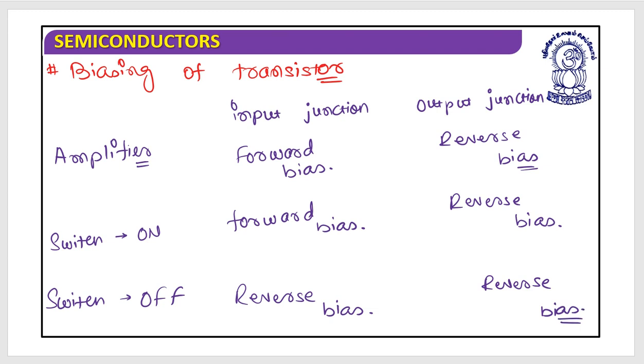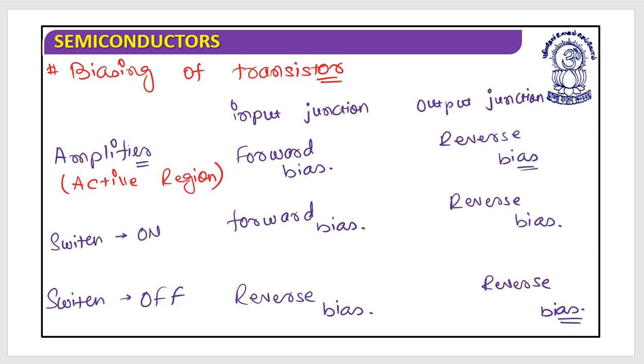So this biasing of a transistor will let it know that today you are going to play the role of an amplifier, today a switch in the on state, today a switch in the off state, and so on. I hope this is clear. Now based on these three categories, we have three different regions of the transistor. We will discuss it later, but please remember that when the transistor works as an amplifier, it works in the active region.